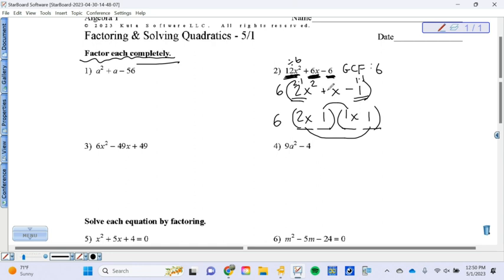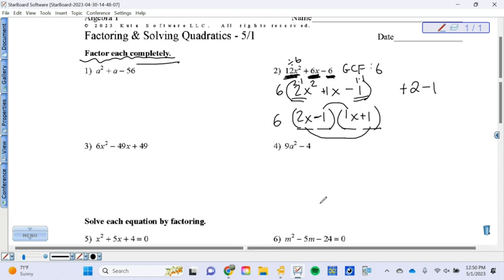What's my middle number? What's that invisible number in front of x? 1. How am I going to get to 1 with 2 and 1? 2 minus 1. I need to make my 2 positive, and my 1 has to be negative.